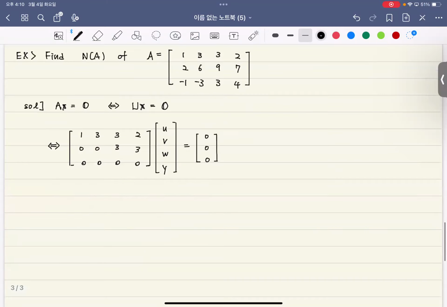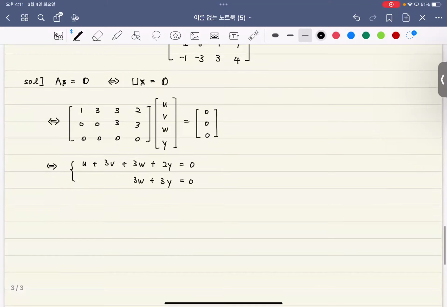Okay. Then I want to translate this matrix equation to a system of equations like this. U plus 3V plus 3W plus 2 times Y is 0, and 3 times W plus 3 times Y is 0. So, aha. So therefore, this is the idea.